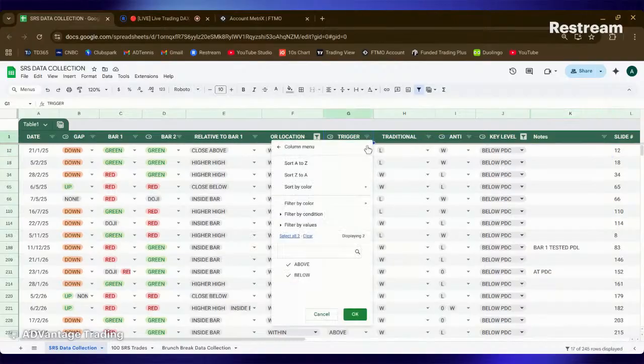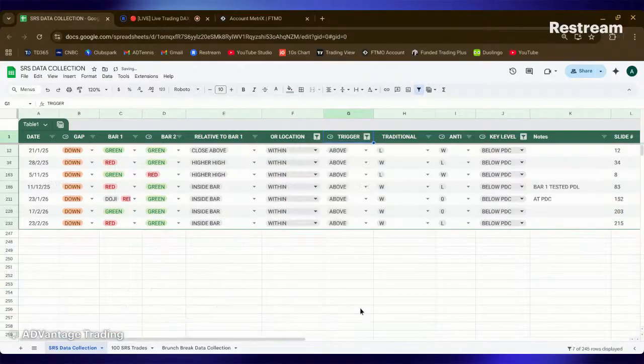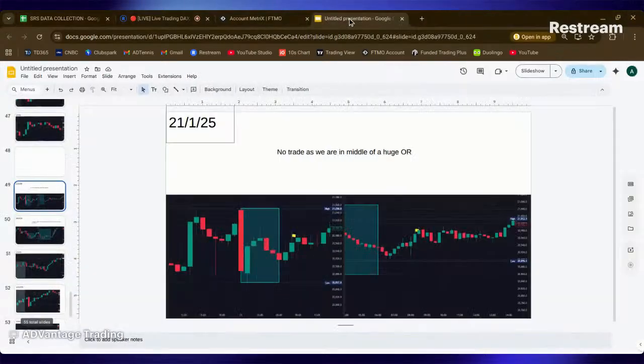Now if we filter for when the market moves above the second 15-minute bar, there's 7 examples, and on 5 of those 7 trading days, buying above would have worked. And I've now got the slides, so we'll be able to see the slides here.